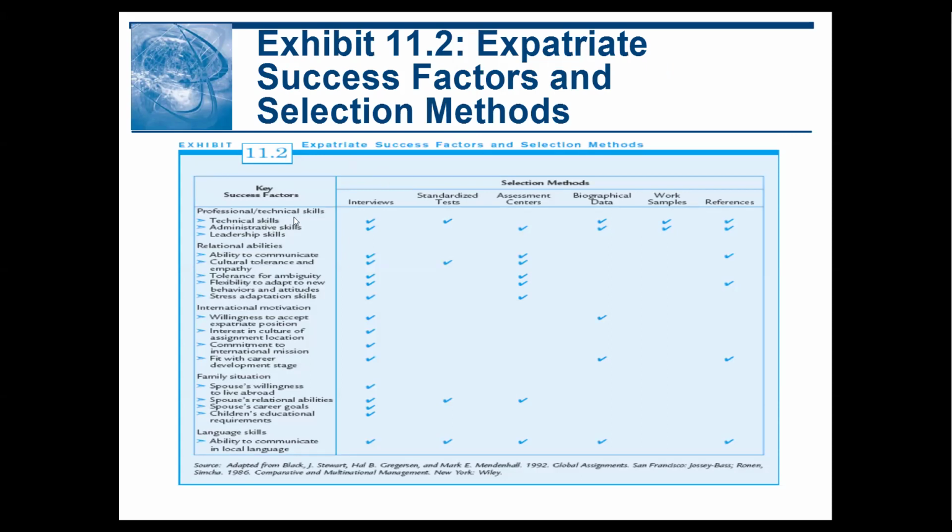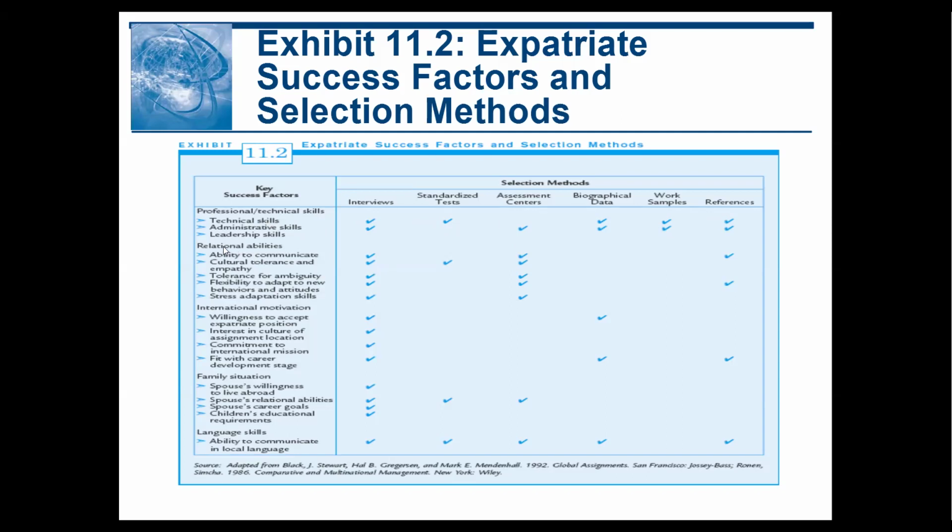To measure technical skills, you can conduct interviews, use standard tests, or use biographical data, work samples and references. If you want to measure administrative skills, you can use interviews, assessment centers, biographical data, work samples, and references. You can read this chart in that way.